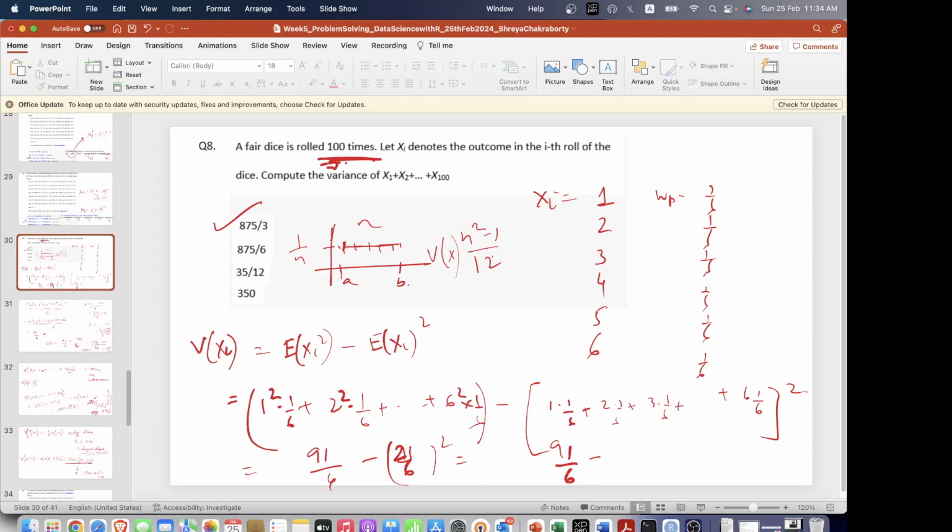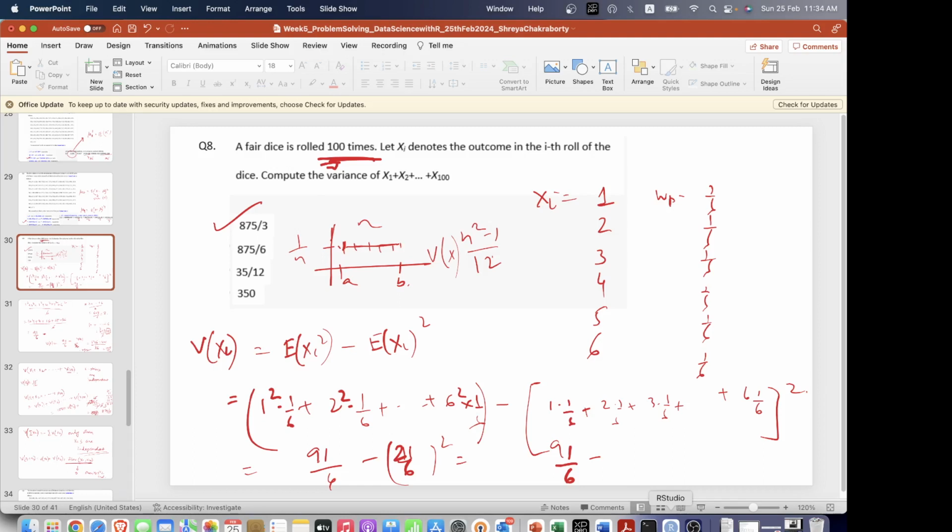Ma'am, can we do this by R command, this variance? Yes, ma'am. If we know the samples and the range, like we are rolling it 100 times, is there any command for computing this? See, this is a random variable.